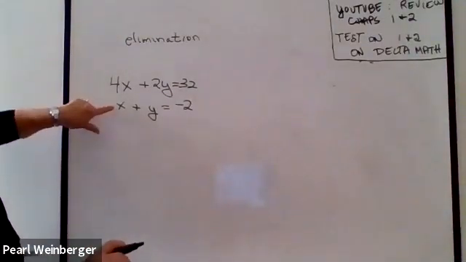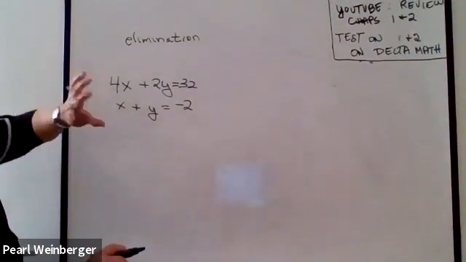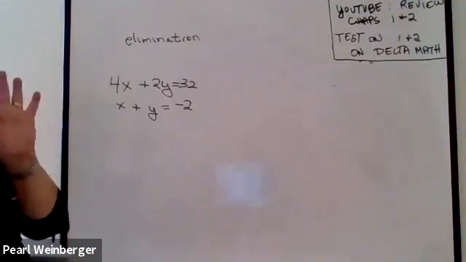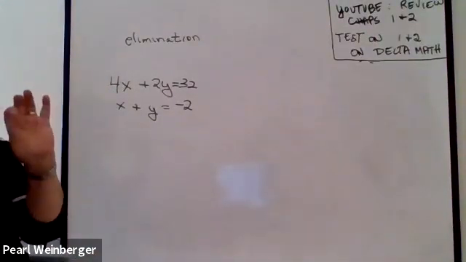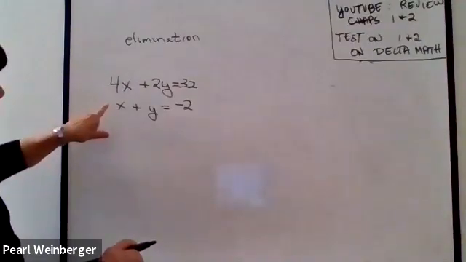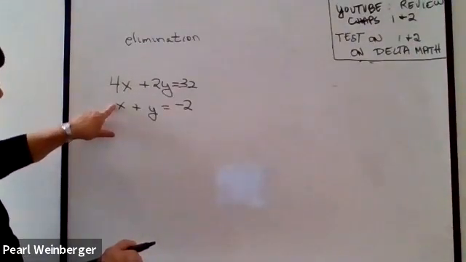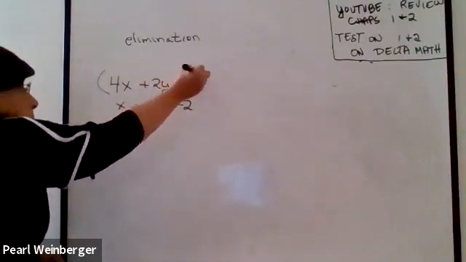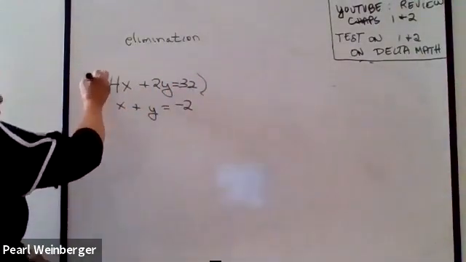In other words, I'll multiply, and I'm just doing this with the numbers. I'm not even looking at the signs. I just take the numbers. The number in front of the bottom x is a 1, means I'll multiply the first equation by 1.